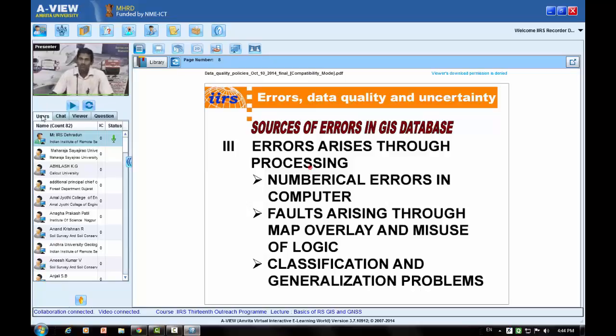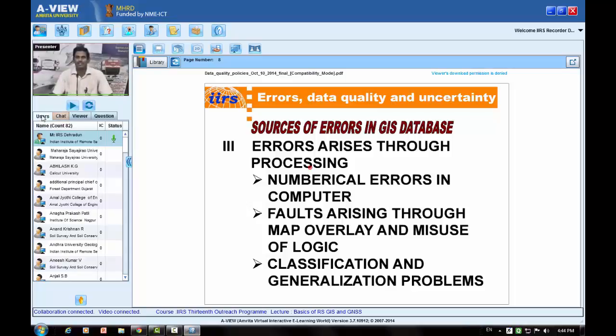Errors occurring due to processing are like numerical errors, where you take decimal points. And then when you overlay maps, when we talked about GIS, we told about many types of spatial analysis.